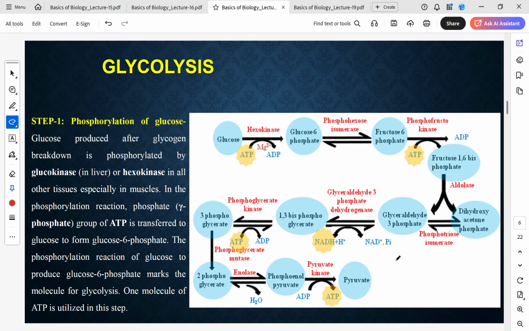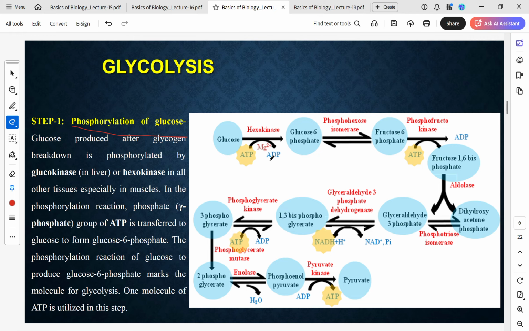The first step is phosphorylation of glucose, wherein glucose is converted into glucose 6-phosphate, and this reaction is catalyzed by hexokinase in presence of magnesium ions. For a lot of enzymes, there is something known as a cofactor required.